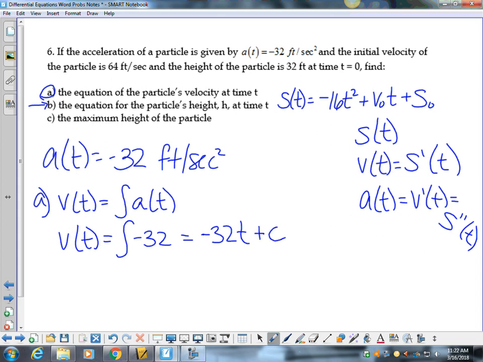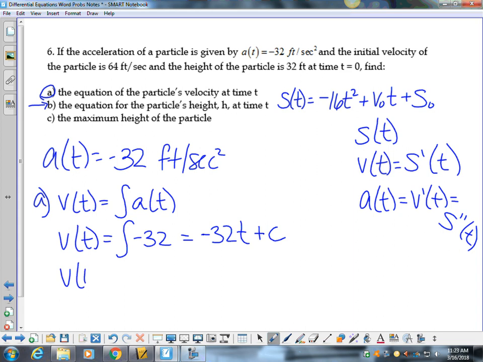That pesky little c. Okay, but did it tell me something so that I can find c? The initial velocity of the particle is 64, so what does that tell me?